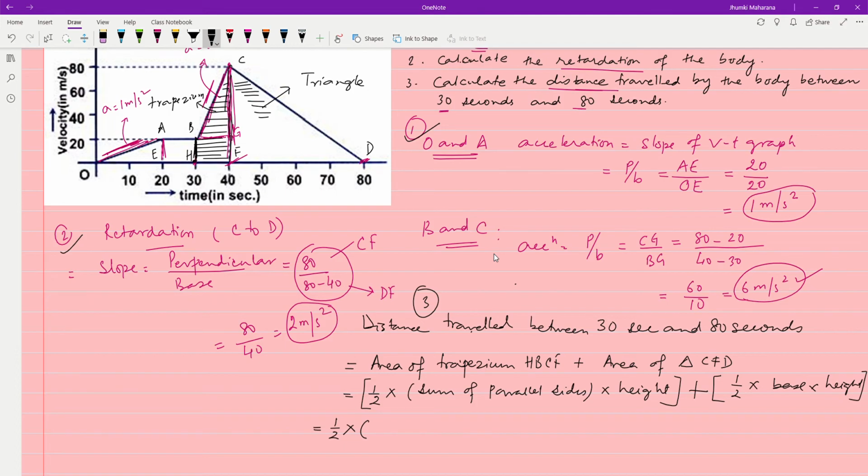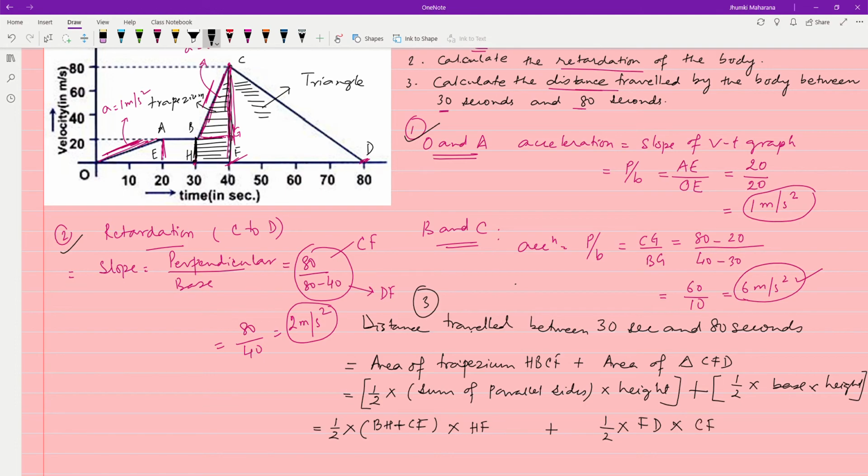It is BH plus CF. And what is the height? Height here is HF, or you can take BG. Let us take it as HF, plus half. What is the base here? Triangle. We have got FD multiply height is CF.